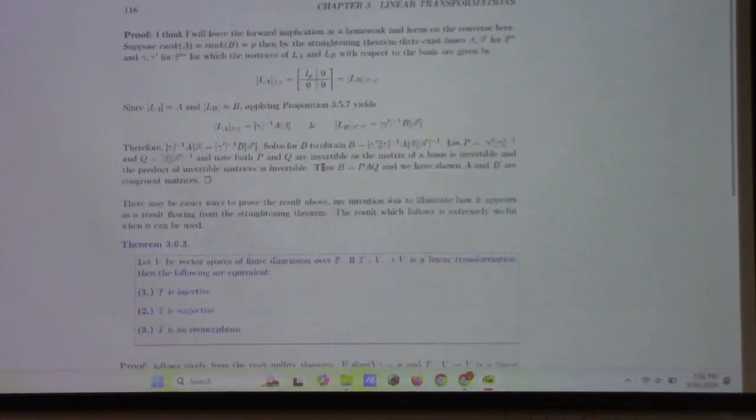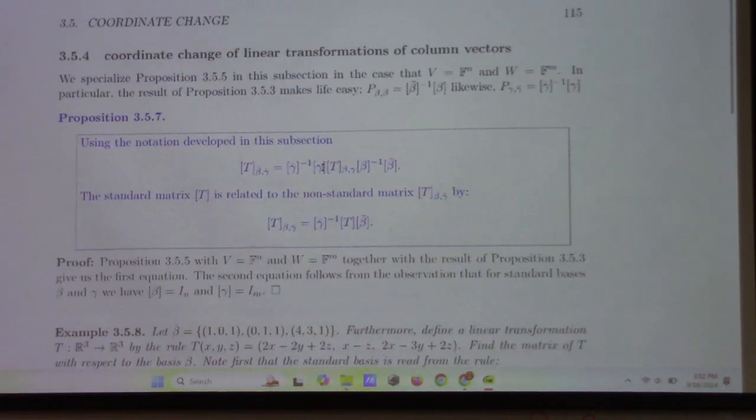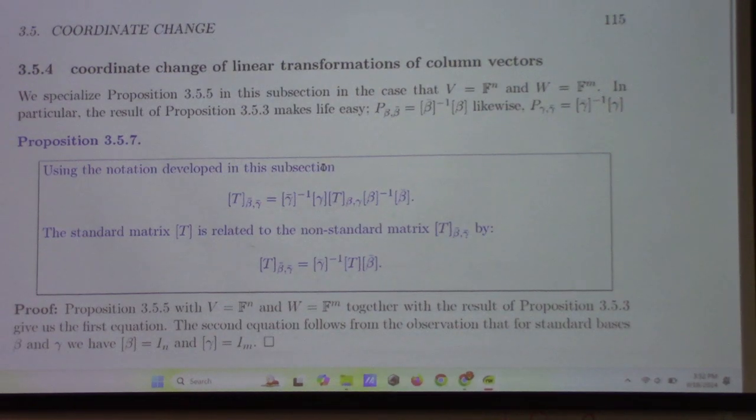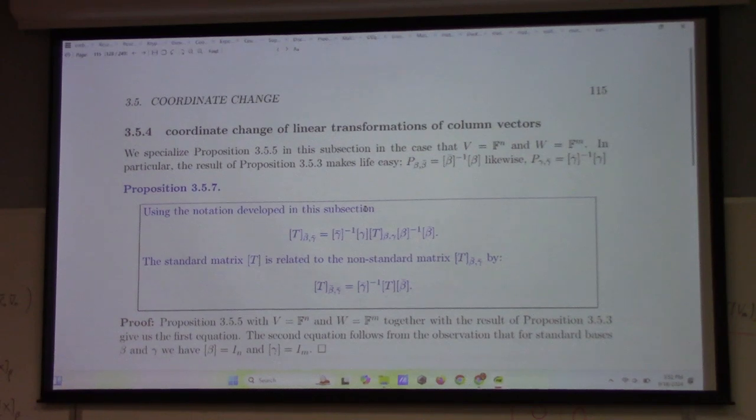So there's that. Now, so we just derived this formula here, right? Scooch out a bit here. So, whoa, what was that? Did you guys hear that?